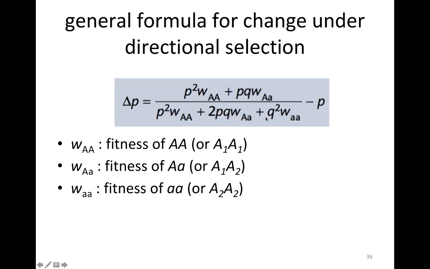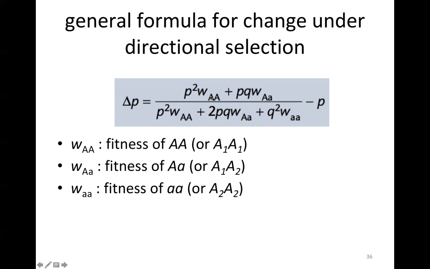Here this formula describes the frequency of the parents after selection happens. So fitnesses will be determining how much selection is happening. In the previous case, for instance, the fitness of the homozygous recessive individuals would be 1 minus S, and the fitness of the heterozygous and the homozygous dominants would be 1, right? So this would boil down to what we just saw.